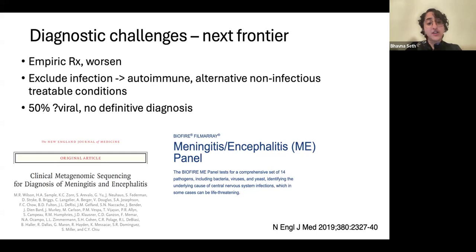But there are these new panels of diagnostic tests that are revolutionizing the field in some ways. One is the multiplex panel on the right, and then the left is a new metagenomic sequencing panel.